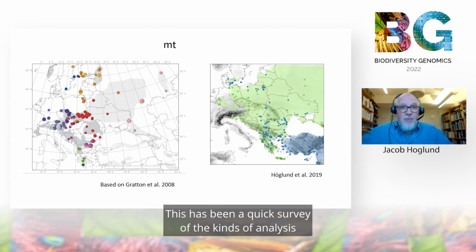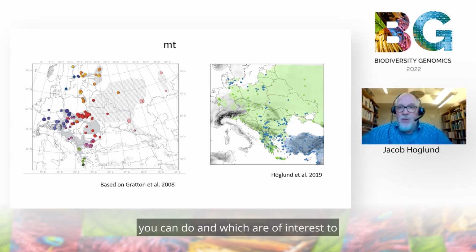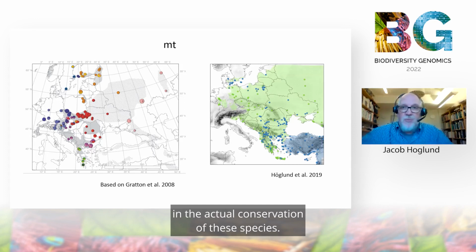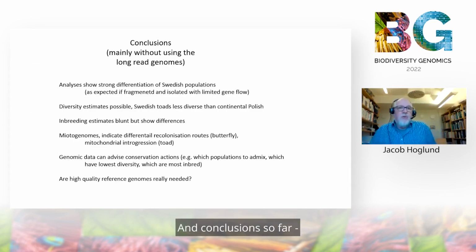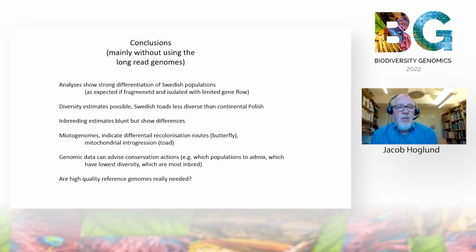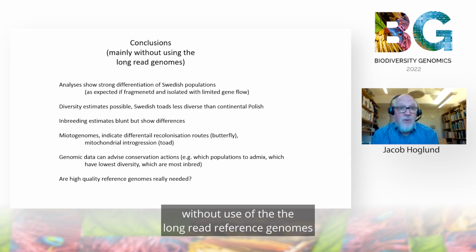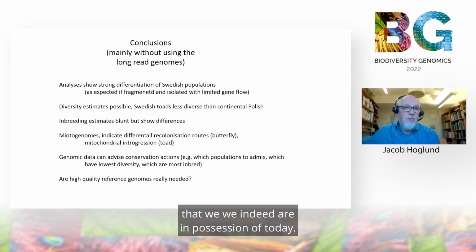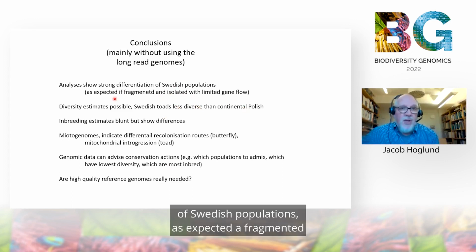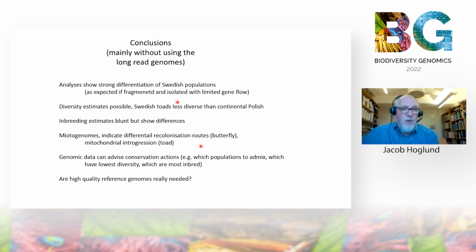This has been a quick survey of the kinds of analysis you can do, which are of interest to conservationists and people working in the actual conservation of these species. And conclusions so far, and I should stress that these conclusions are based on analysis mainly without using the long read reference genomes that we are indeed in possession of today. The analysis shows strong differentiation of Swedish populations, as expected, with fragmented and isolated populations and limited gene flow.